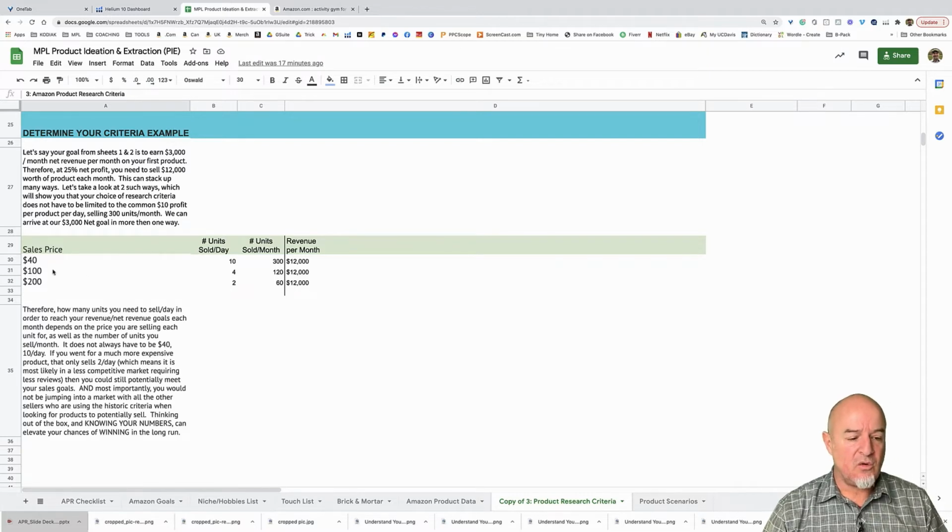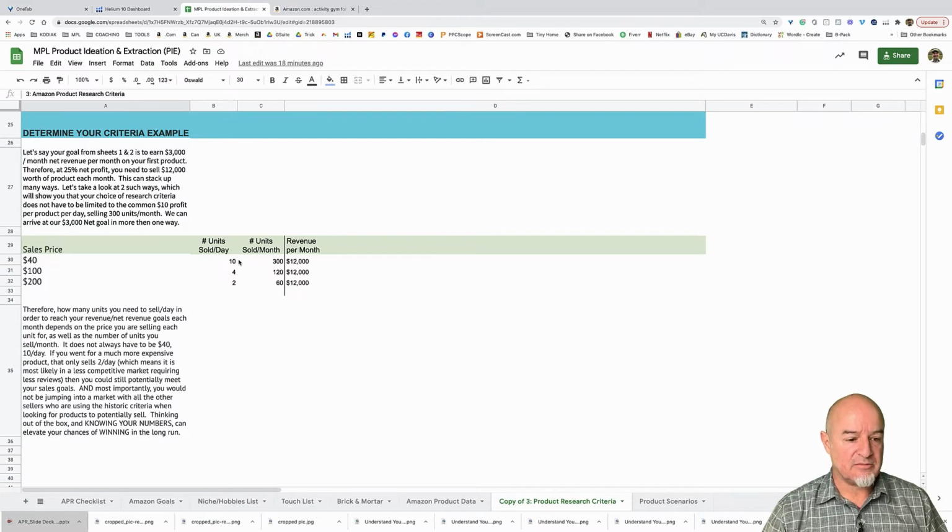However, if you only have to sell 120 units a month to compete in the top 10 or 20 of that market, if you only have to sell 4 a day, then you're going to meet your sales revenue goals, and you're not going to have to stock as many units per month over the course of the next 3 months. And so it's not going to cost you $100. You're not going to need to order 500 units of a product that's going to cost you $25, or $10,000 worth of product.